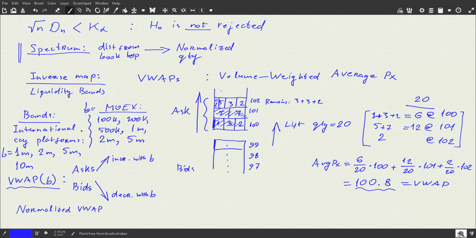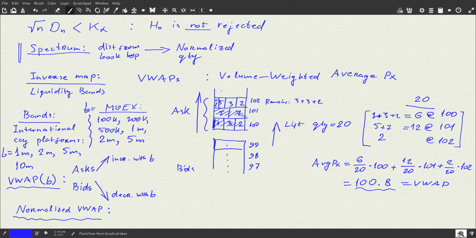We do not normalize the quantity in this case, or actually we may. We may normalize VWAP in two ways. So first of all, we're not interested in the absolute price.